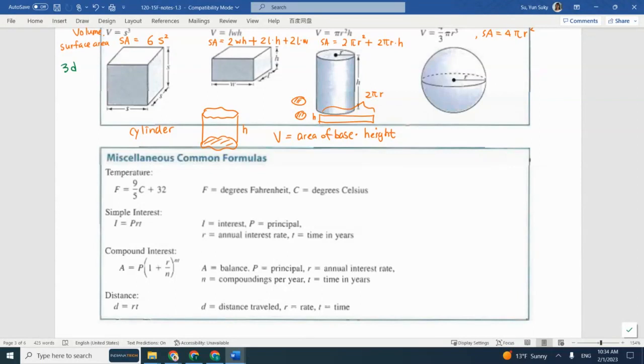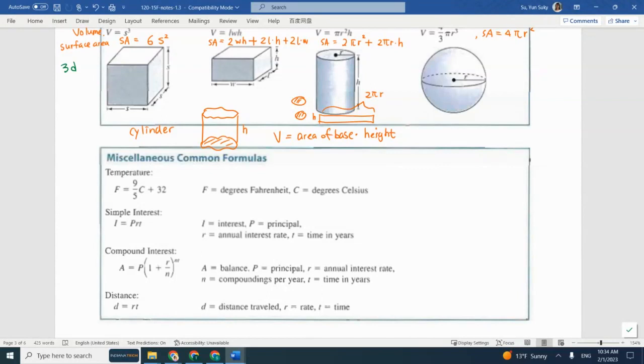Okay. So that is the temperature formula.